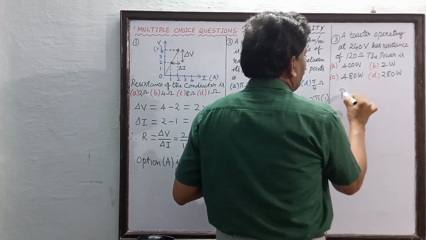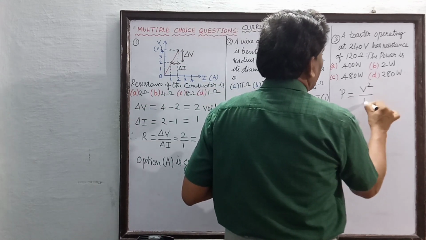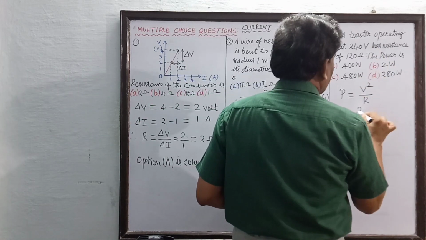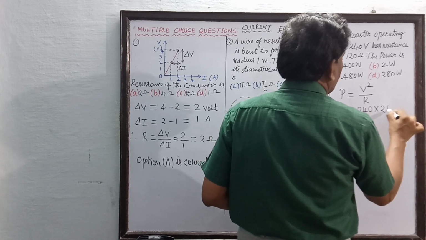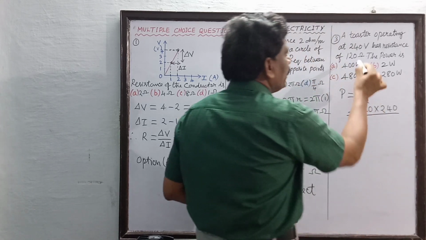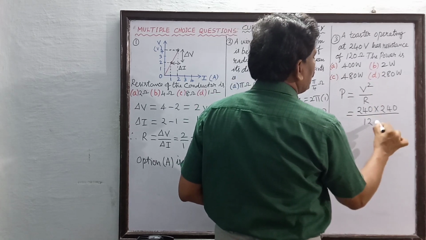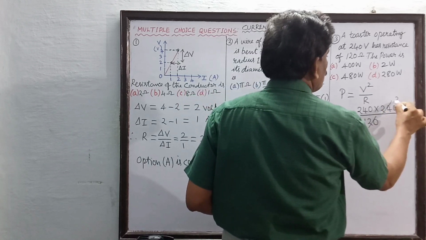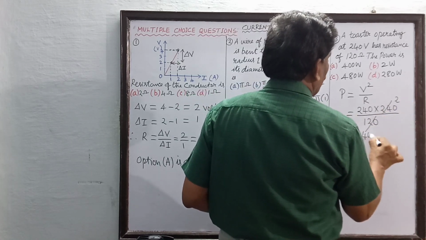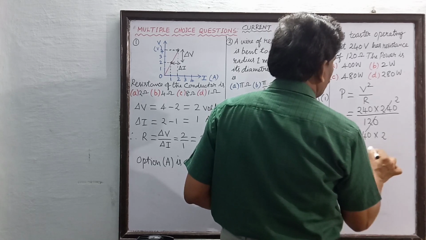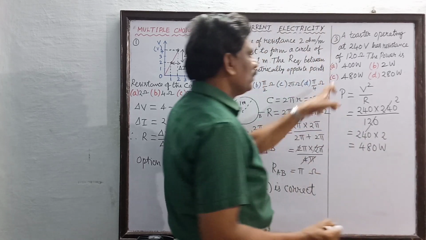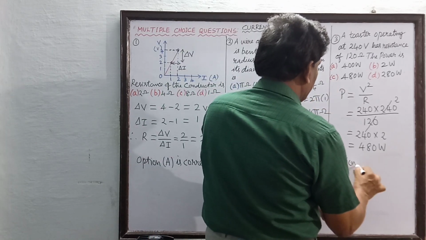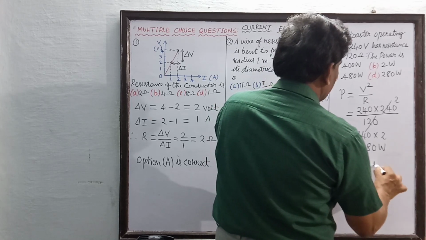The power is equal to V square divided by R. V is 240 volt, so this is 240 into 240 divided by the resistance, 120. 240 by 120 is 2, so this is 240 multiplied by 2, that is equal to 480 watt. So here option C is the correct answer.